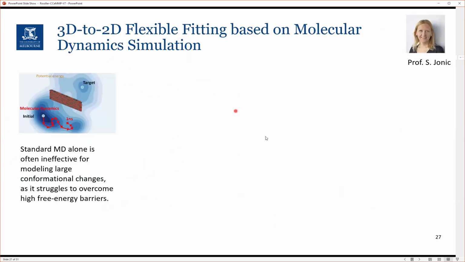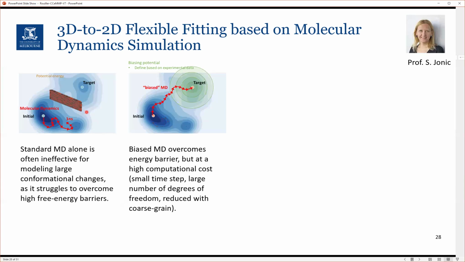And so Slavica was developing a method to understand conformational flexibility using molecular dynamics. I'll do a quick overview of how we can use molecular dynamics and normal modes to understand conformational flexibility. Typically, standard molecular dynamics alone is not an effective method to understand conformational changes, as molecular dynamics struggles to overcome high energy barriers.